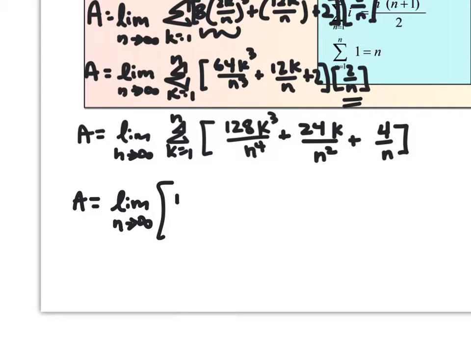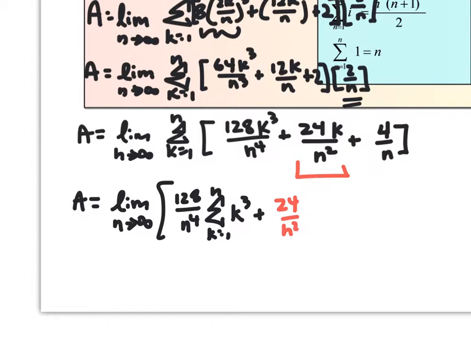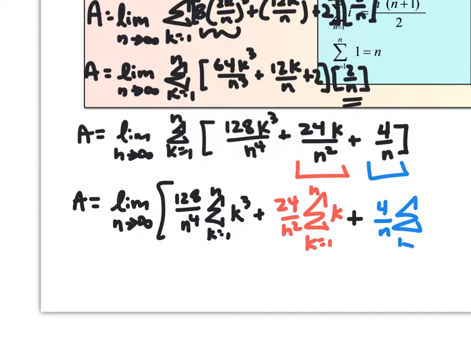It would be 128 over n to the 4th times the sum from k equals 1 to n of k cubed, plus, let's split this second term out, 24 over n squared times the sum from k equals 1 to n of k, plus, split this out, 4 over n times the sum from k equals 1 to n of 1.